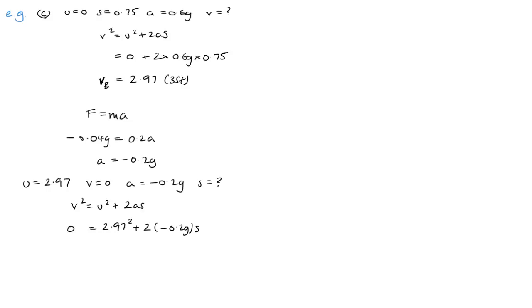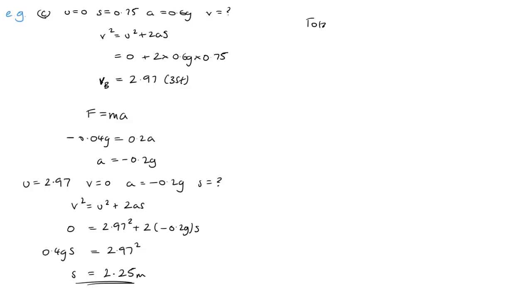So 0.4 gs equals 2.97 squared, and s is 2.25 meters.